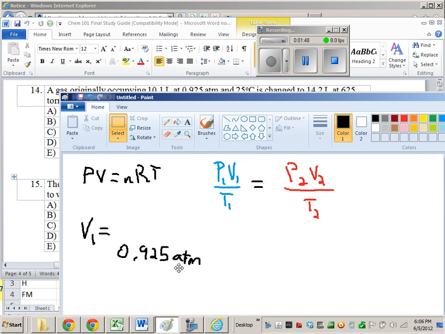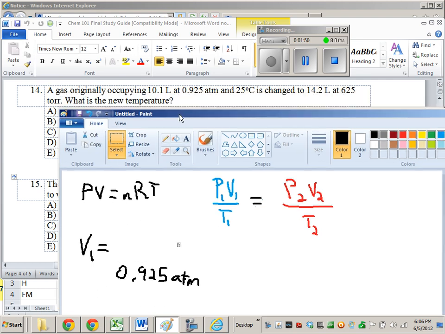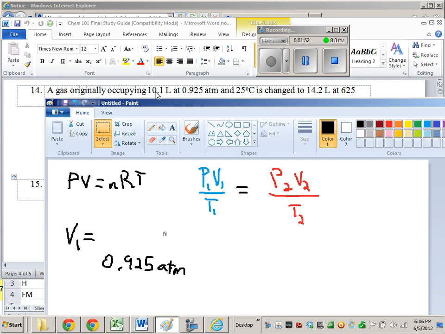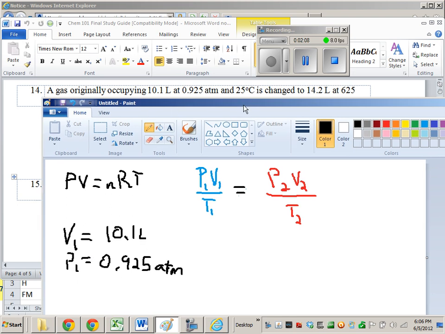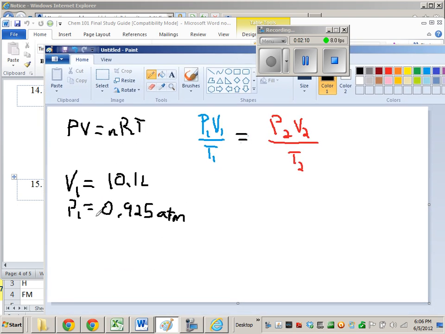Volume is like liters and milliliters, so that's 10.1 liters, and pressure 1 is equal to that many ATM. And we have 25 degrees Celsius for the original temperature.